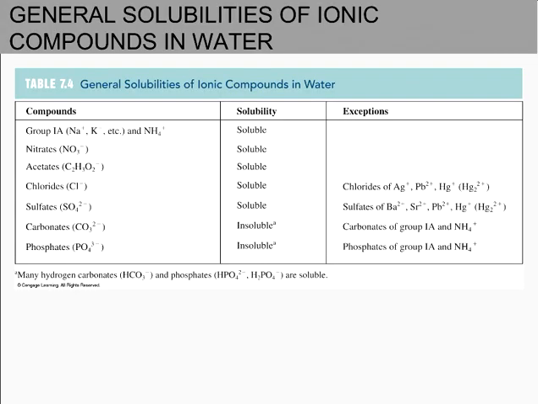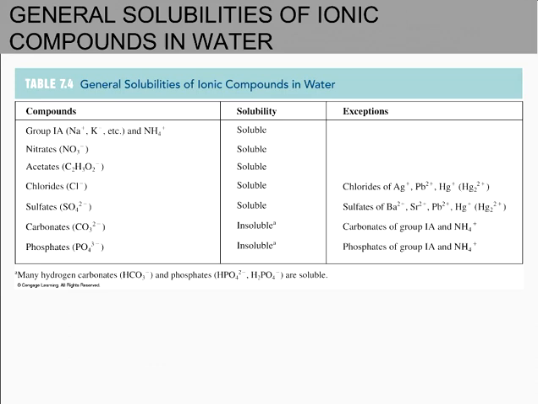All right, and then on this last slide for today, just a refresher on solubilities of ionic compounds in water. Remember that group 1A metal ions and the ammonium ion are always soluble in water. Nitrates are always soluble, acetates are always soluble.